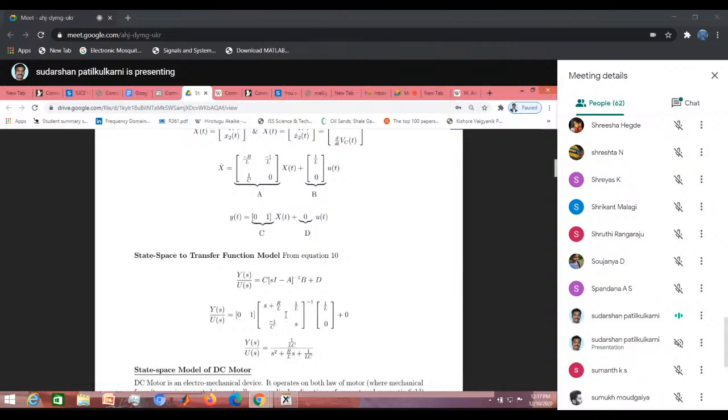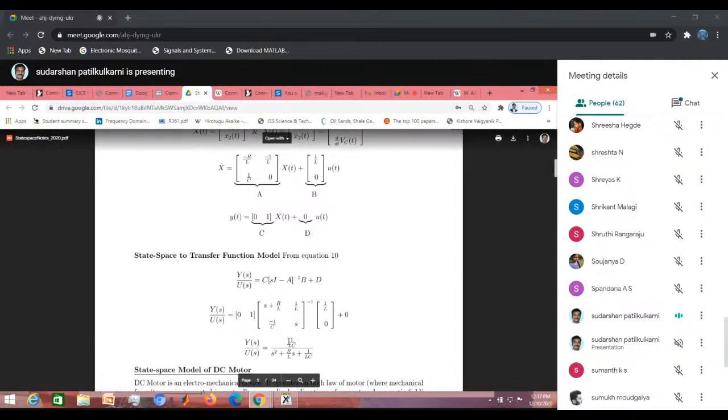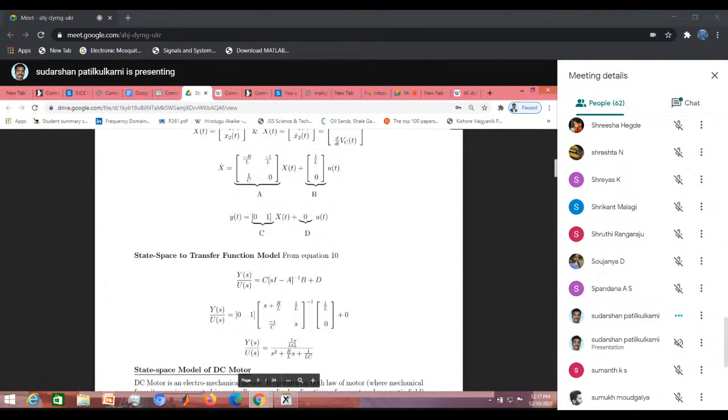Okay, if you take the adjoint again, S will come here, S plus R by L will go to position 2, 2, and this will be minus 1 by L and 1 by C. If you multiply by 0, 1, you will get 1 over C into S plus R by L, so ultimately you will get 1 over LC in the numerator. Next.